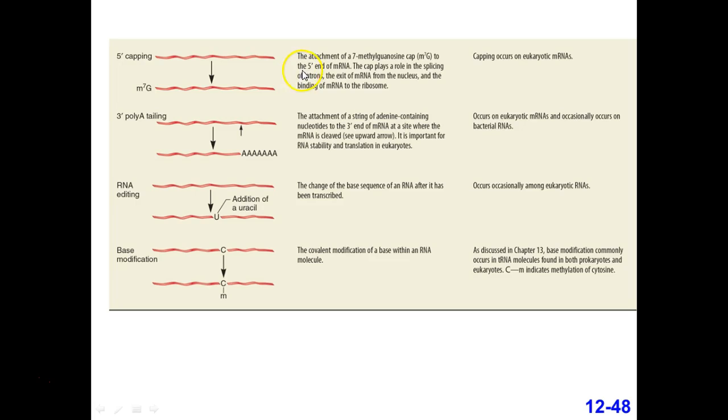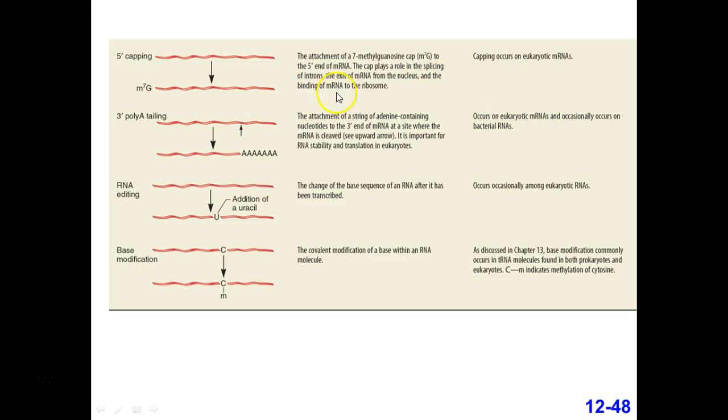This is referred to as the 5' cap because they put it on the 5' end of the messenger RNA. And as I said, it plays a role in getting it ready to be spliced, but also serves as its exit signal, like you're okay, you can leave the nucleus now. Here's your hall pass, you can leave now, and go where you need to go.